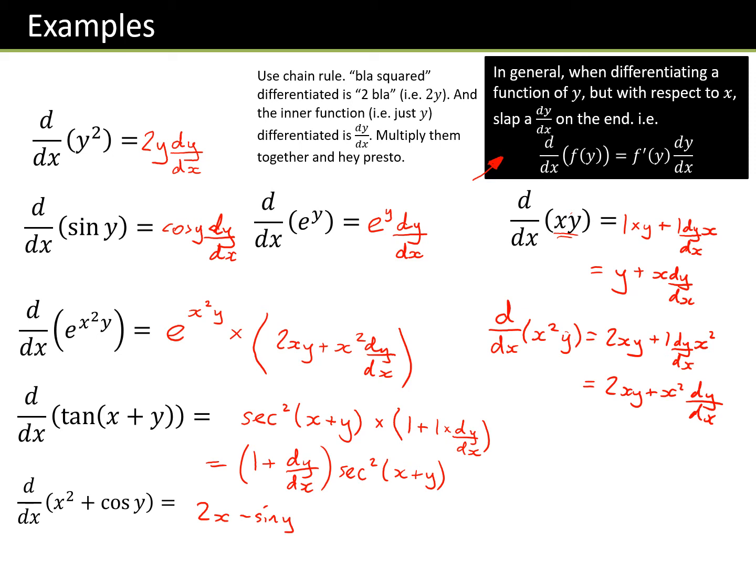But because the letters aren't the same, you need to multiply that by dy by dx. The dy by dx is separate, it's not inside the sine. So there's your answer for the last one. Implicit differentiation is relatively straightforward once you get your head around it. You differentiate it normally, but if the letter isn't the same, you multiply by dy by dx.